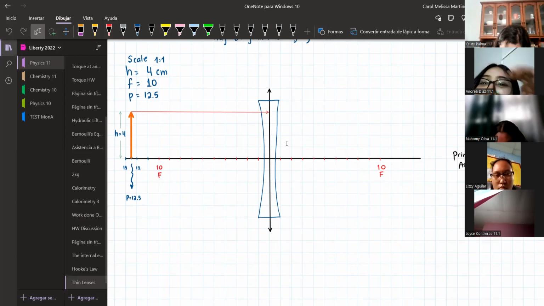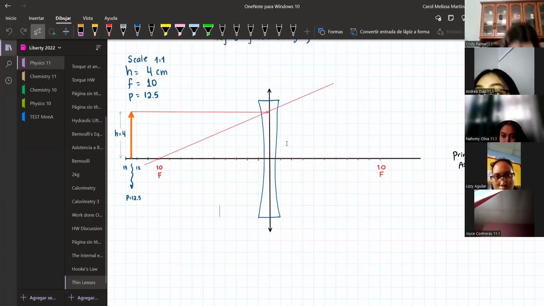Is that the line? Espérense. Okay, wait. Until it passes through the point F. Okay? Remember, on the front side, you're not going to see this ray.